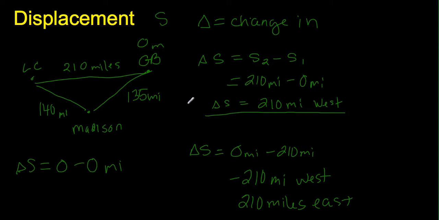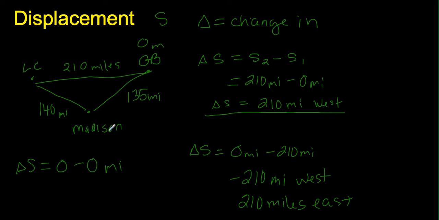To recap, displacement is our change in position, if you define it. Change in, remember, is the final position minus our starting position. When we talked about our college visit to La Crosse, we started in Green Bay and drove out to La Crosse 210 miles to the west. So we took 210 minus 0, and then we had to indicate west for our vector displacement.